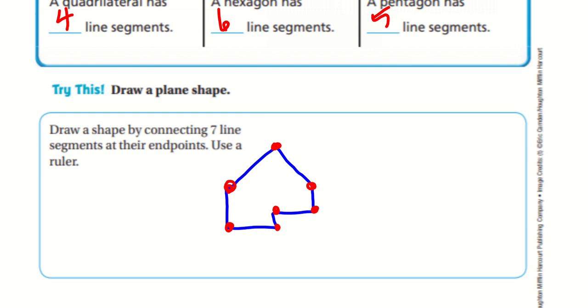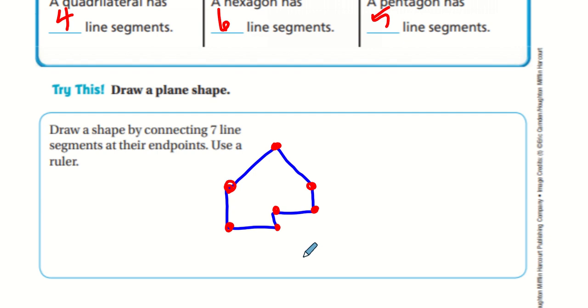So if we look at my shape, 1, 2, 3, 4, 5, 6, and 7, and they're all connecting. They all meet at an endpoint, and there's 7 of them, which means I followed all the directions. This is not the only way you could have drawn a 7-sided shape.